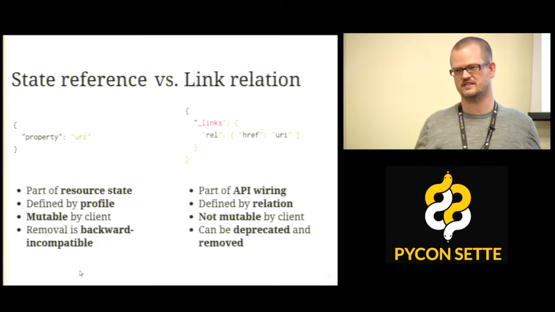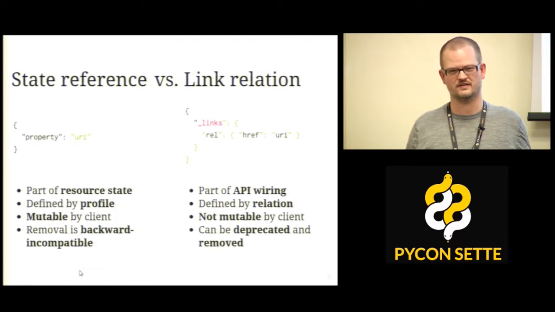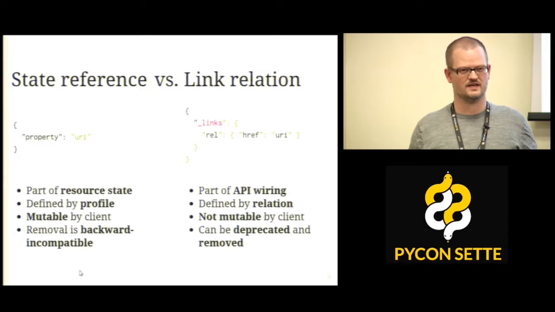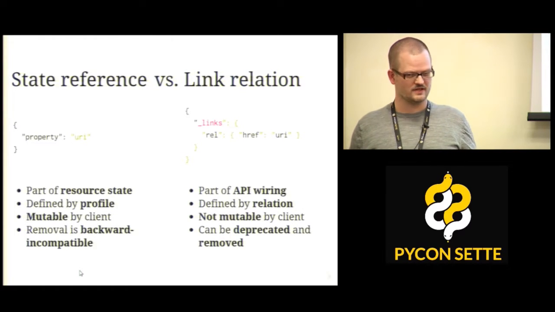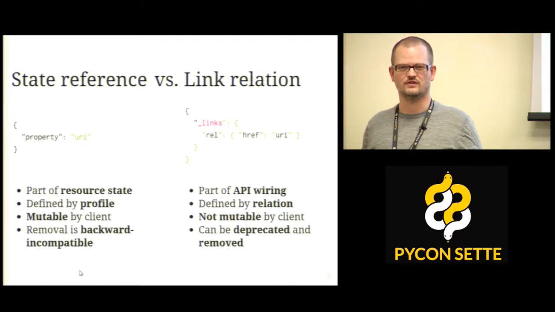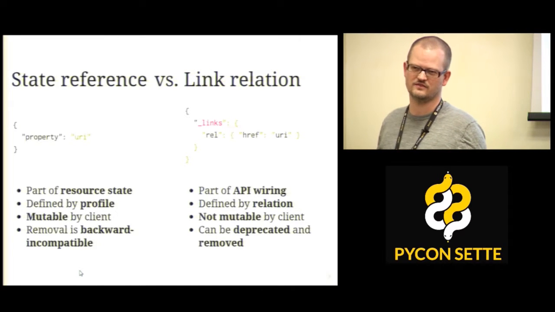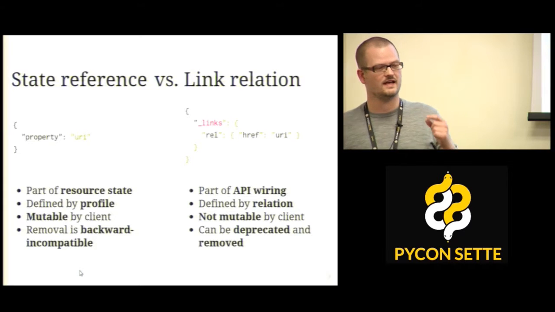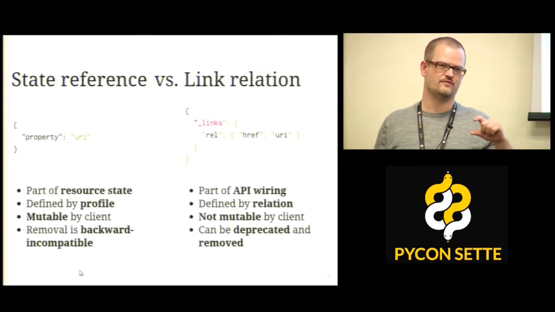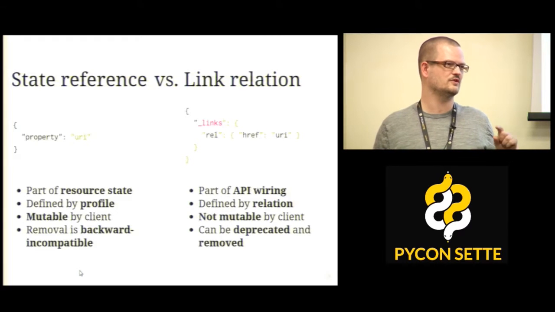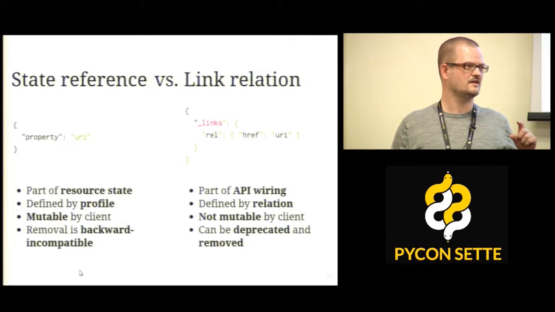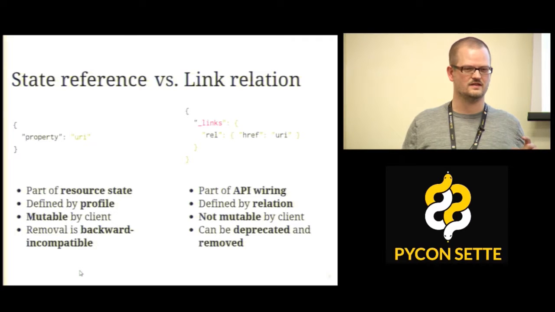It's not defined by the ship. The fact that it has an owner is not defined by the type of the ship. It's added. It's its own thing. It's not mutable by the client usually. Usually you don't allow clients to change these kinds of links. And there's a mechanism for introducing backwards compatibility here, because you are not promising the existence of any links.